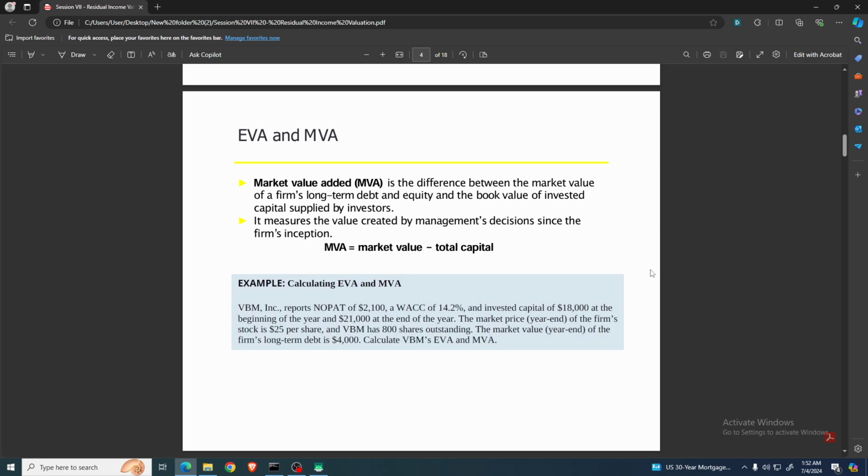So let's take this example and see how we can measure these values. So I'm going to write some equations here. First, we are going to calculate what? We are going to calculate the EVA. And we are starting from calculating the average invested capital.